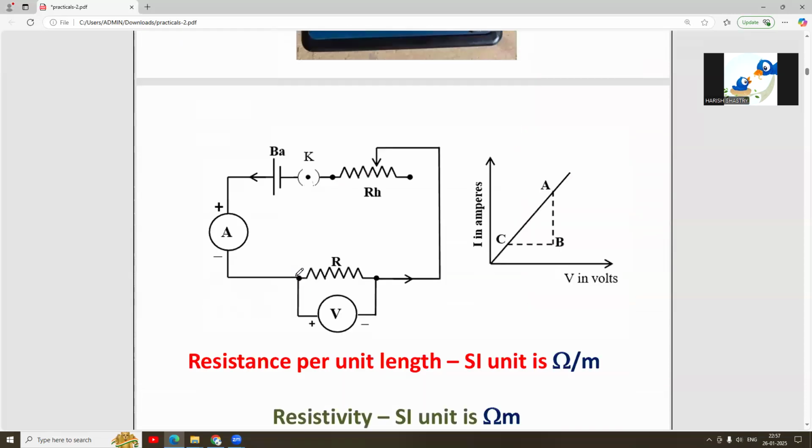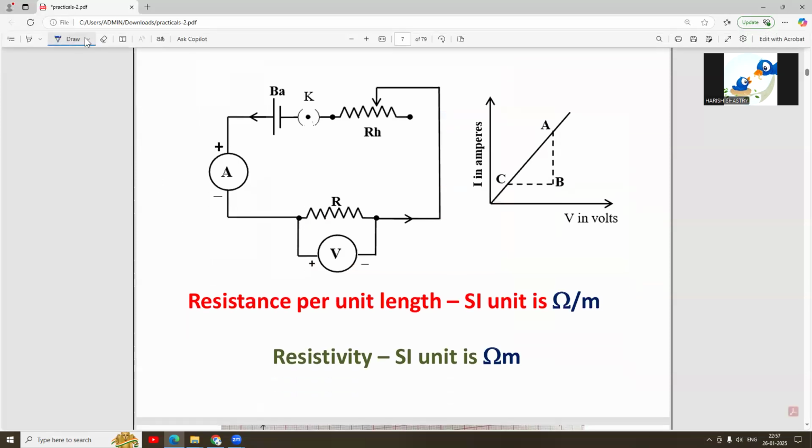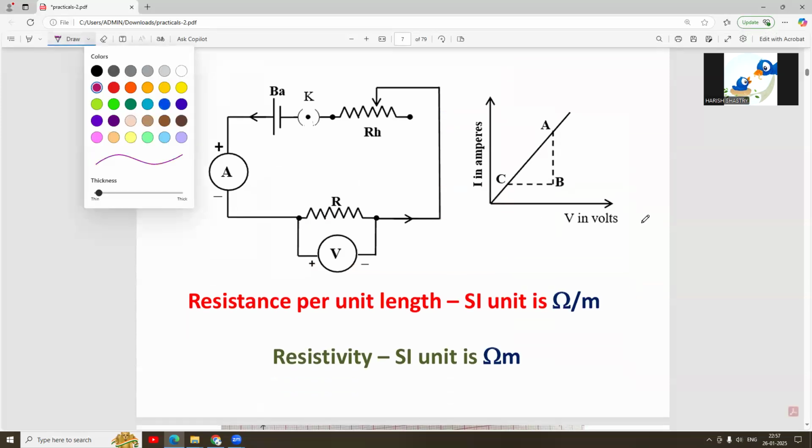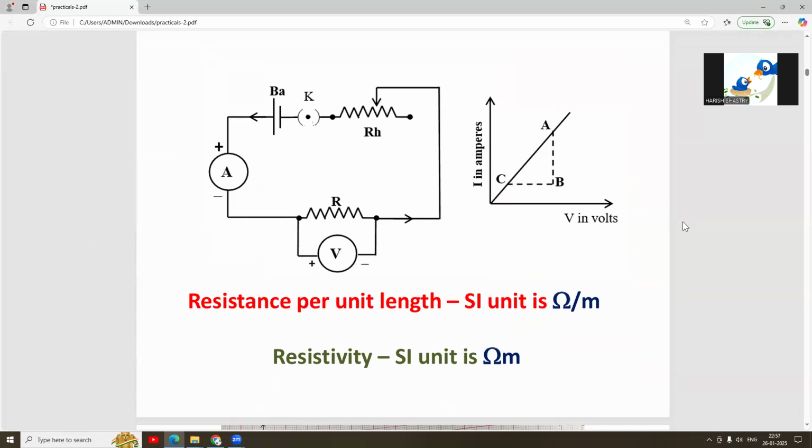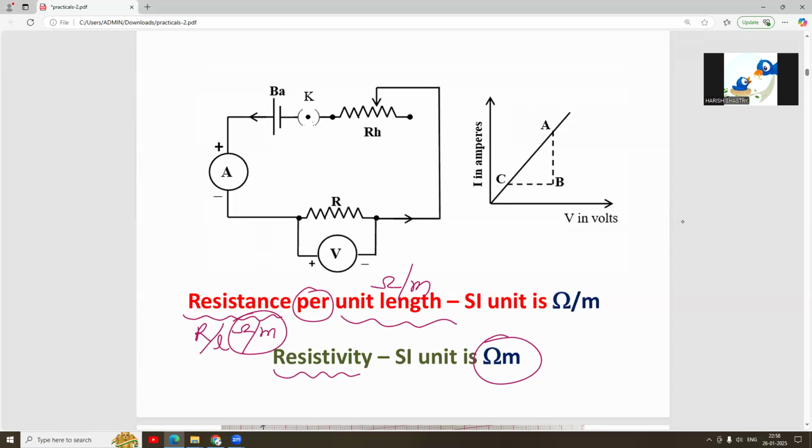And the difference between the two units, resistance per unit length and resistivity. Don't get confused with it because it is very simple. Resistance per unit length means resistance per unit length, that is ohm per meter. Whereas resistivity is ohm meter, because resistivity is RA by L. Resistance is ohm, area is meter square, length is meter, so one meter gets cancelled.